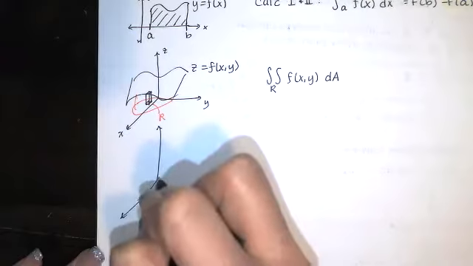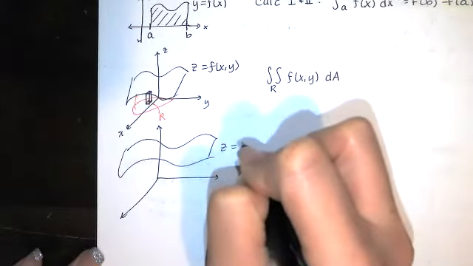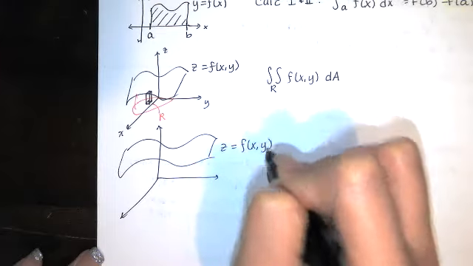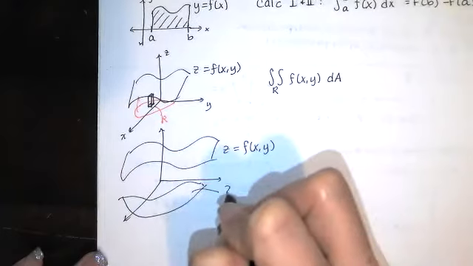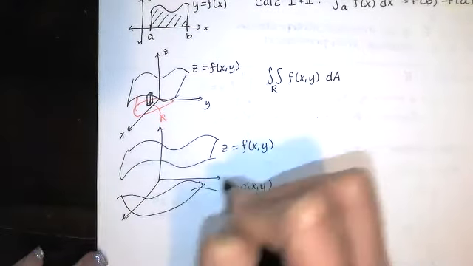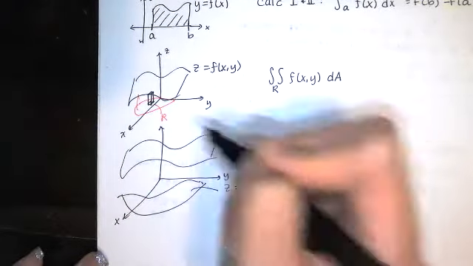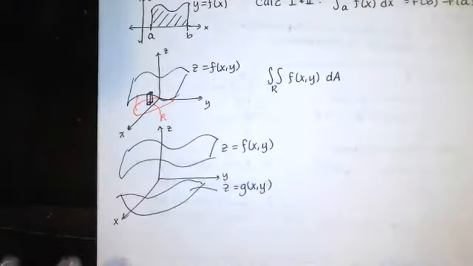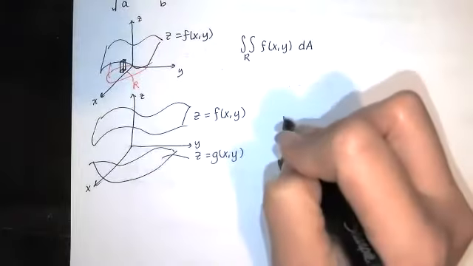Maybe if we're going from one surface to another surface, so z equals f of x, y is up here, and z equals g of x, y, it's a bad looking surface, is down here. Rather than looking at the volume under one surface, we could look at the volume between two surfaces.